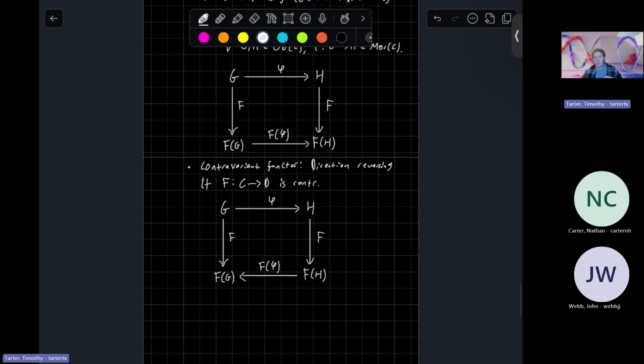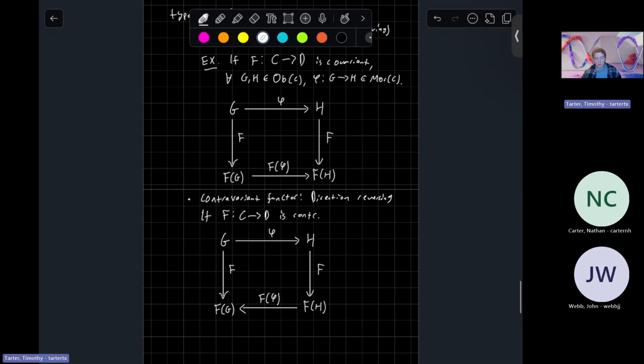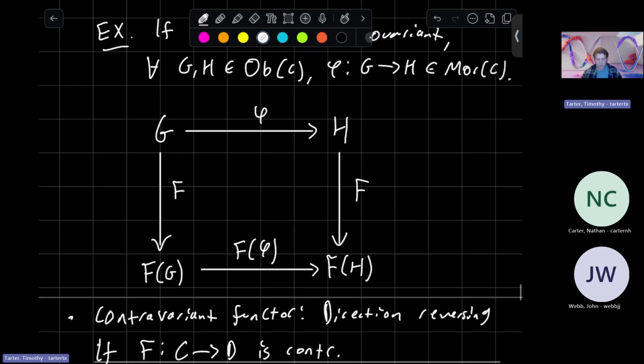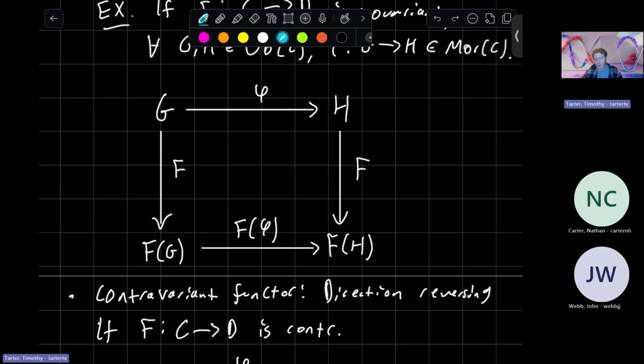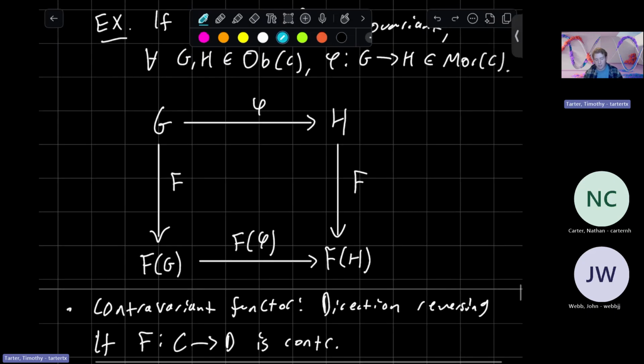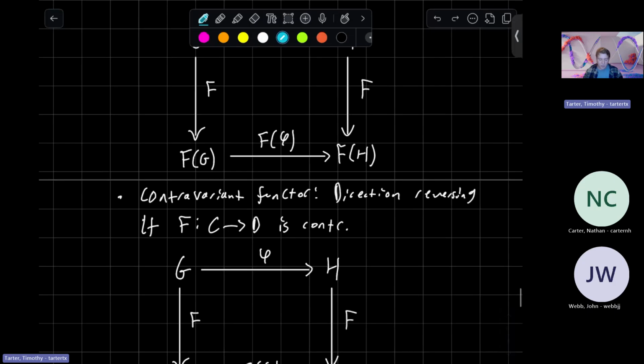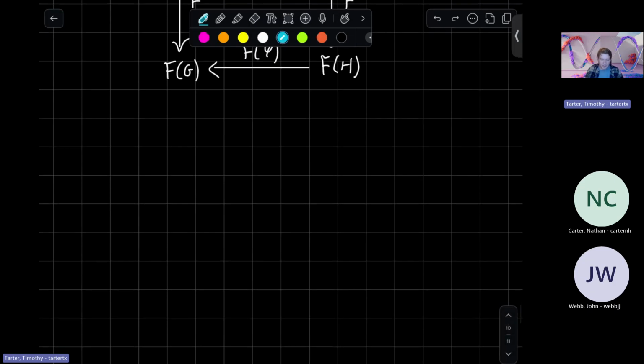But we'll just say that two categories or two diagrams are functorial, right? So in this case, the diagram from G to H is functorial to the diagram from f of G to f of H, if we were to identify it with its own name in this other category, D. That's just something to be aware of.